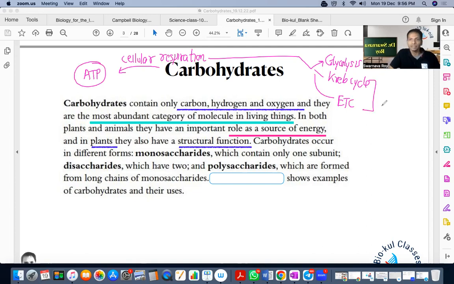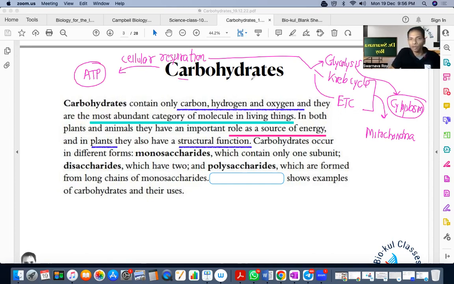The Krebs cycle and electron transport chain take place in mitochondria, and glycolysis takes place in the cytoplasm.